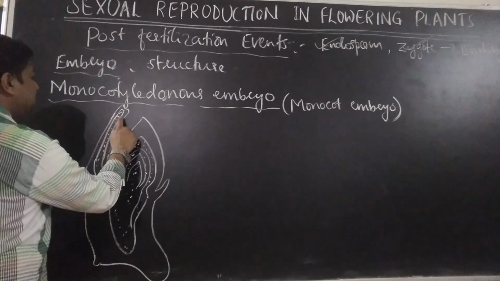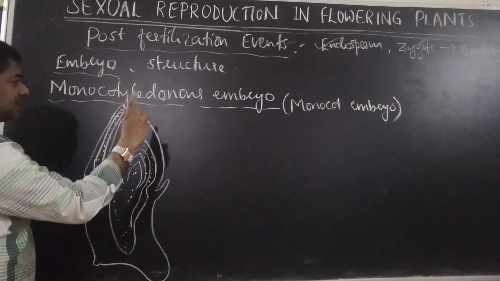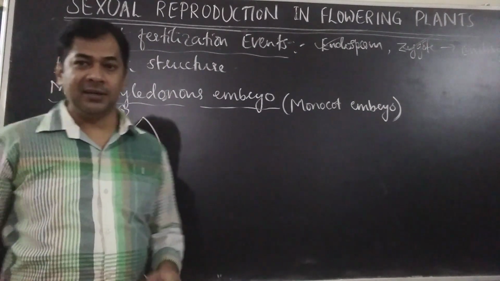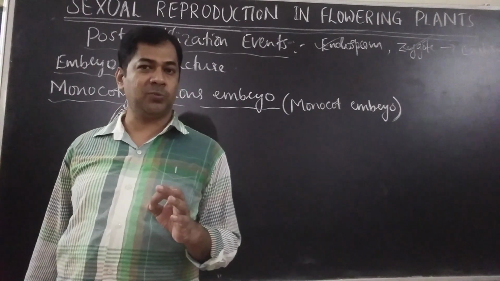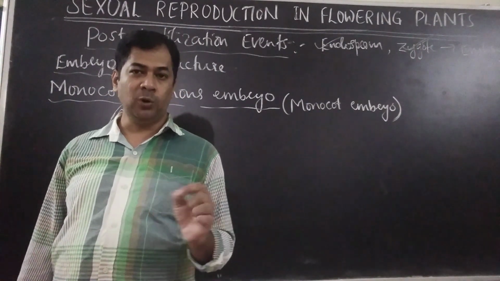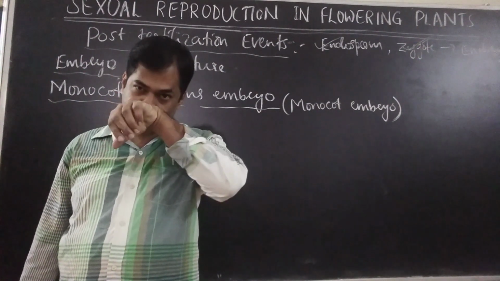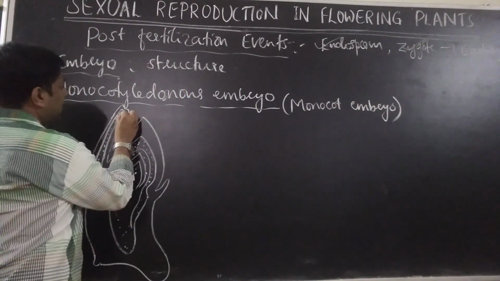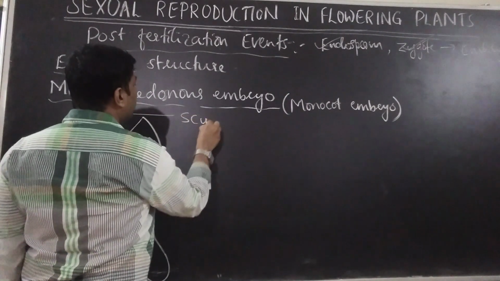This is a very simple diagram, you can see that. Single cotyledon is there, this is a cotyledon, only one is there. The cotyledon in the case of grasses belongs to monocot. In grasses especially, the single cotyledon is called scutellum.